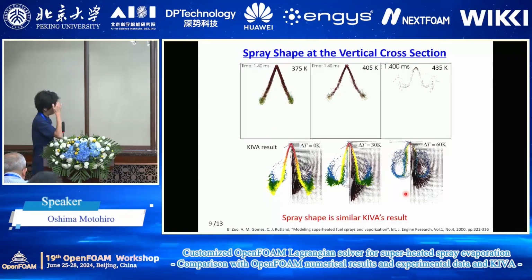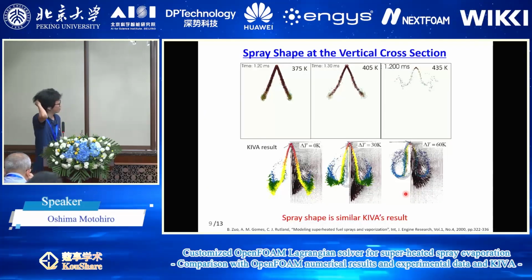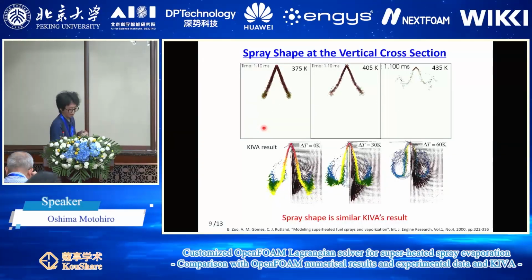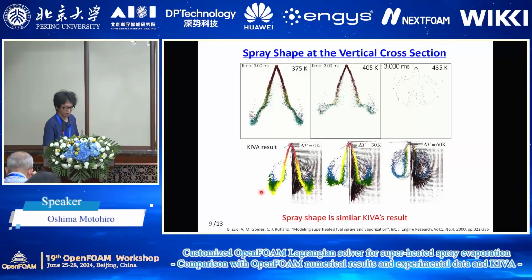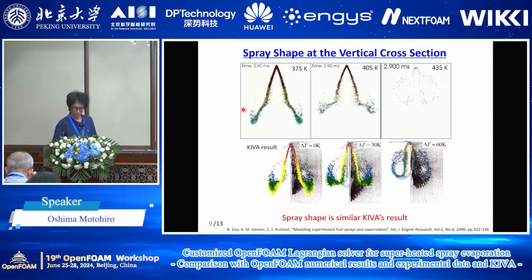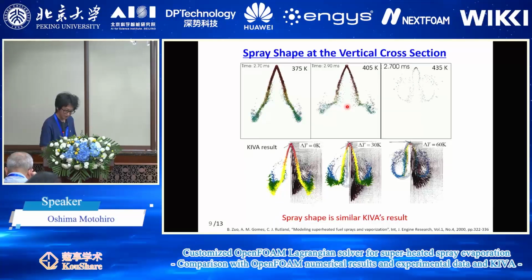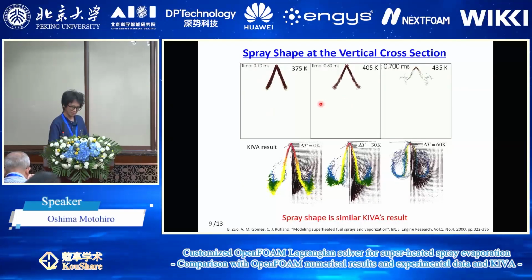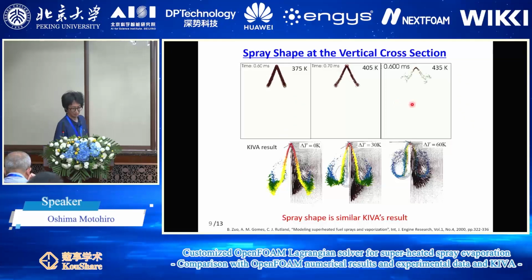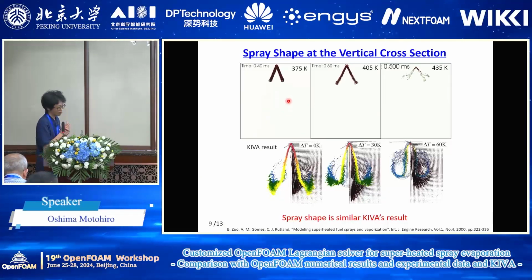Okay, let's move to the discussion. This movie shows the spray shape at the vertical cross section. 395 Kelvin is the non-flash boiling case, and the bottom image is the Kiva result. From these movies, the droplet diameter becomes smaller and the spray cone becomes wider with increasing fuel temperature.